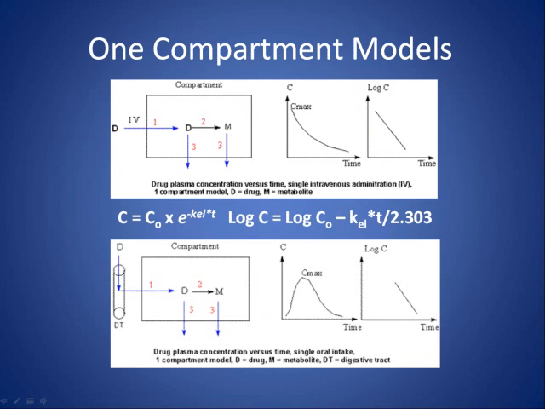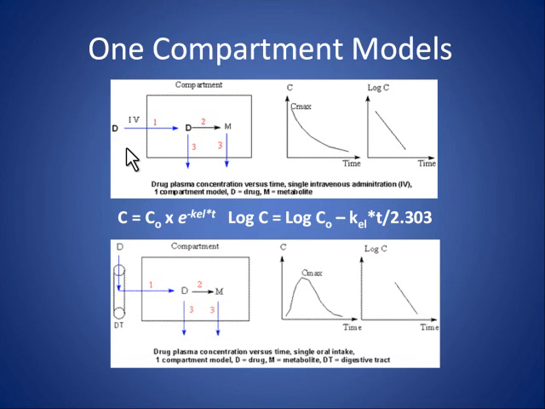This slide illustrates a classic single compartment toxicokinetic model. Let's look at the top panel, which shows the xenobiotic that has been injected as a bolus directly into the blood. There is a rapid equilibration of the xenobiotic between the central plasma compartment and all other tissues of the body.